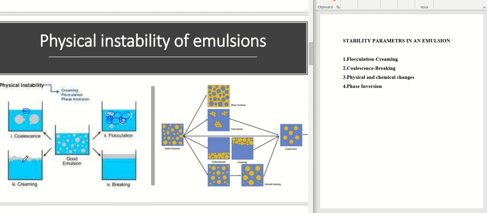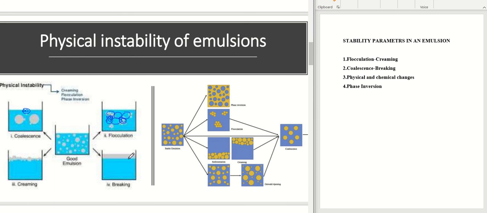That phenomenon is known as upper creaming. And if one phase is much denser than the other phase, that phase will tend to form a sediment. This is known as downward creaming. In short, creaming is a phenomenon of separation or migration of the phases depending upon their density differences.